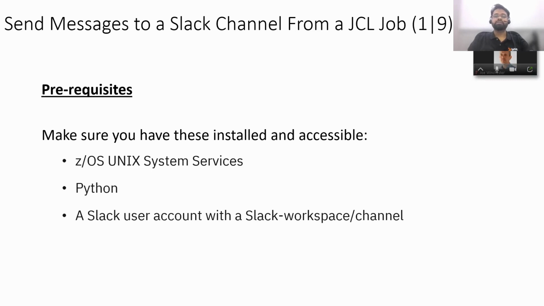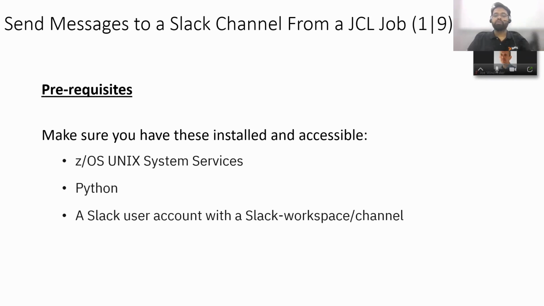Here the use case is, if you are running batch programs, or specific jobs, where you want to post the status of the batch or job to some collaborative channel like Slack or Teams, we can do that using JCL.